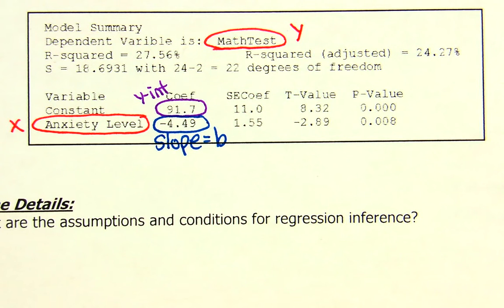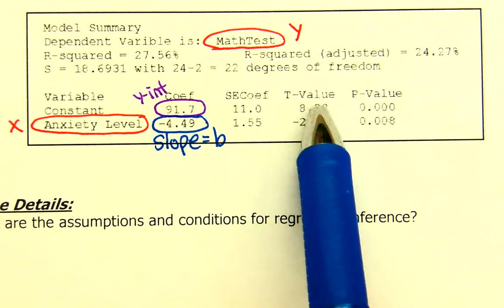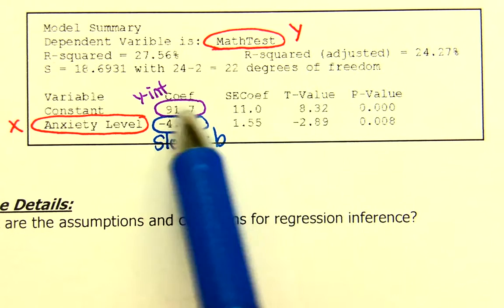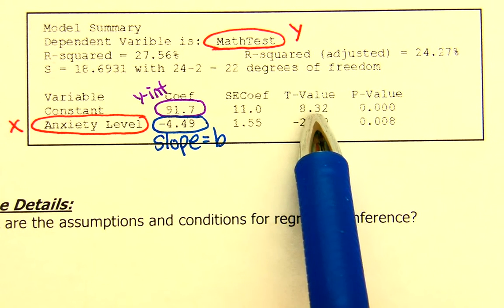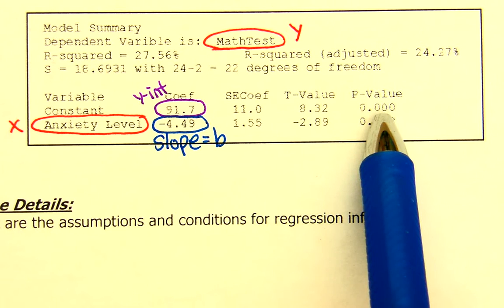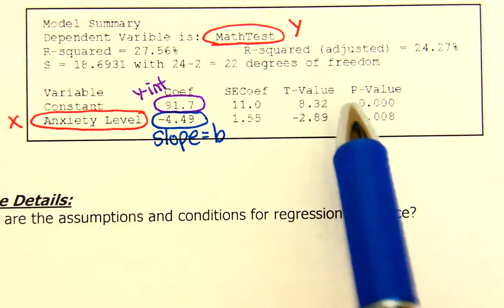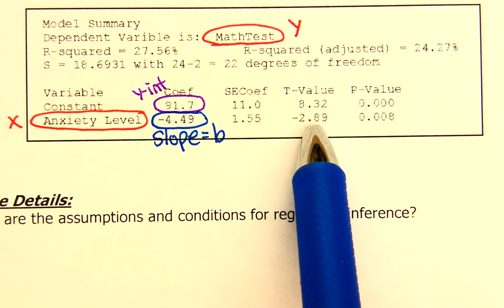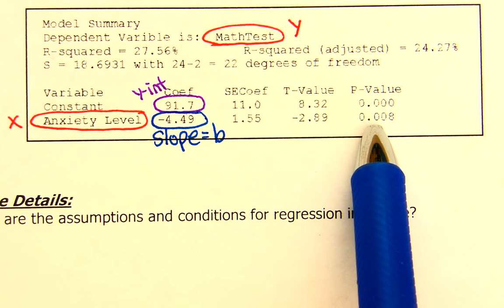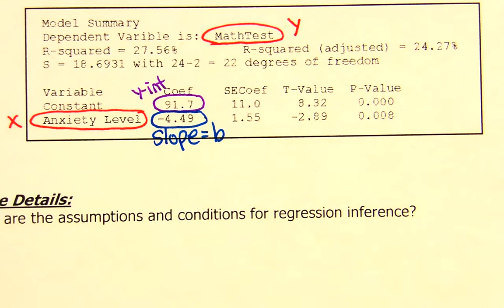Yep. So if we were to do a t-test on the y-intercept to see, is this a good indication of the y-intercept, that's going to be our t-value, and that's going to be our p-value for that test. If we're doing a t-test for slope, this value is our t-test statistic. This is our p-value that would go with it. So it's giving us all of this information in our computer output.